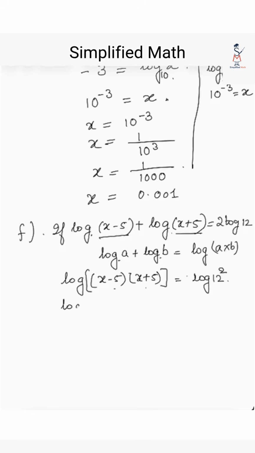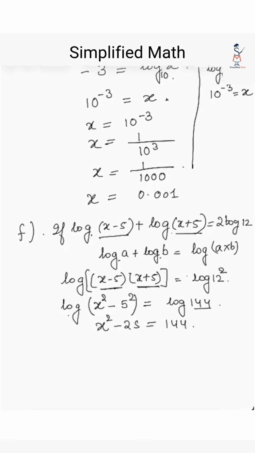So this will become log (a minus b)(a plus b). We know the formula is a square minus b square, that is x square minus 5 square. And this is log 12 square, that is 144. Now log (x square minus 5 square) is equal to log 144, that is x square minus 25 is equal to 144.